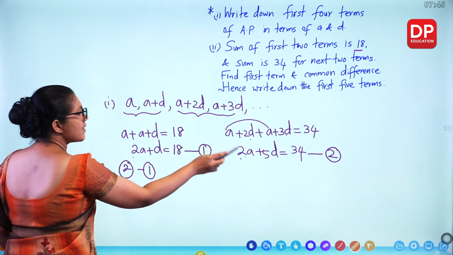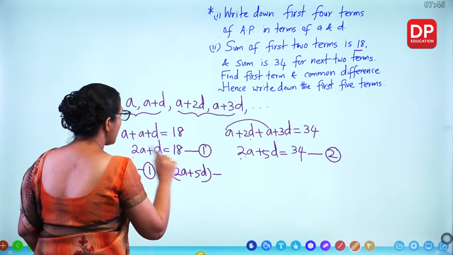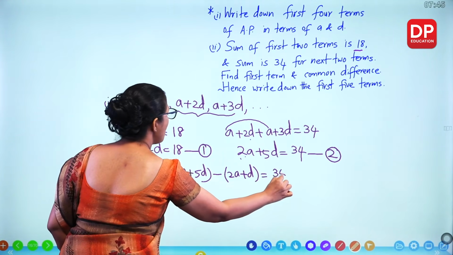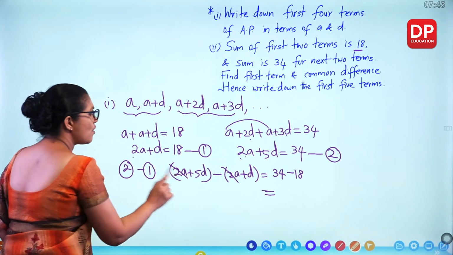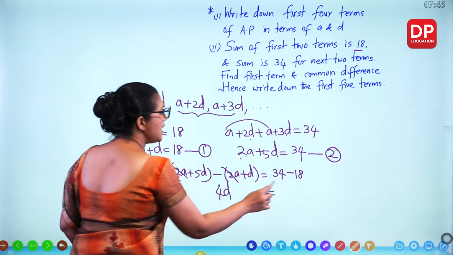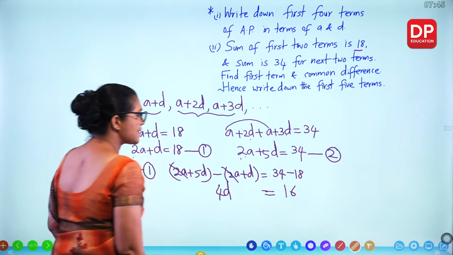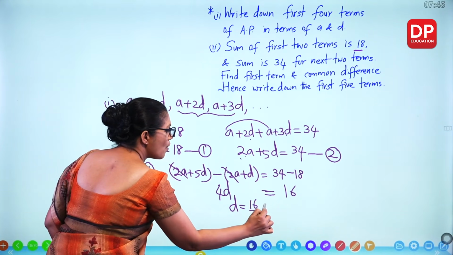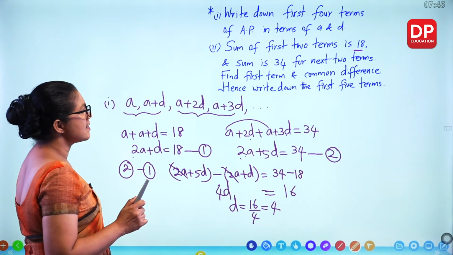When I subtract this, I get 2A plus 5D minus 2A plus D is equal to 34 minus 18. 2A gets cancelled out, 5D minus D, 4D. 4D equals 16. So D equals 16 divided by 4, that's 4. So we found out the difference is 4.